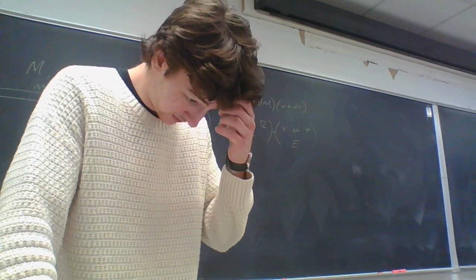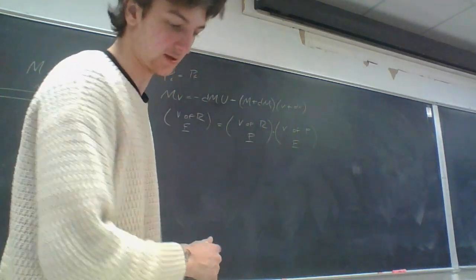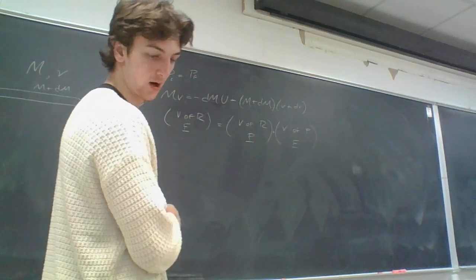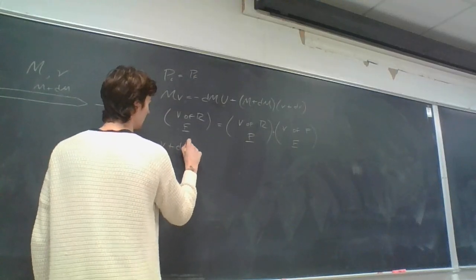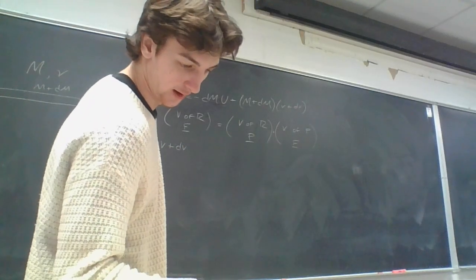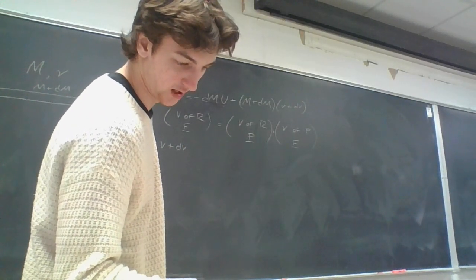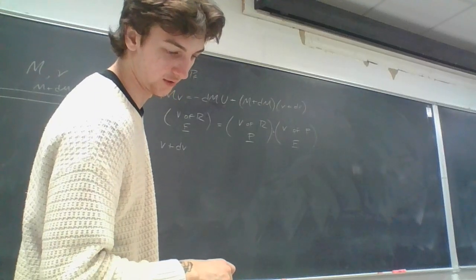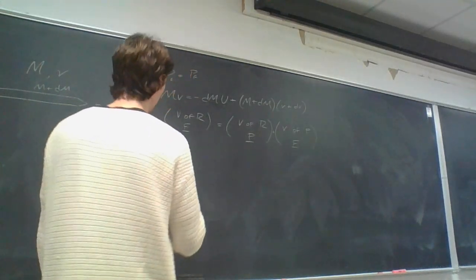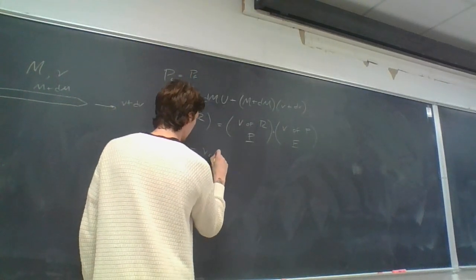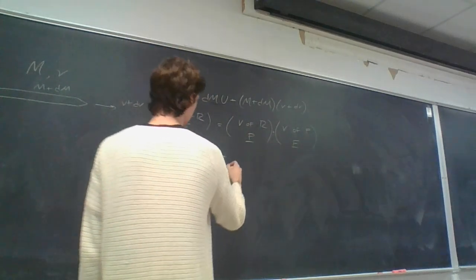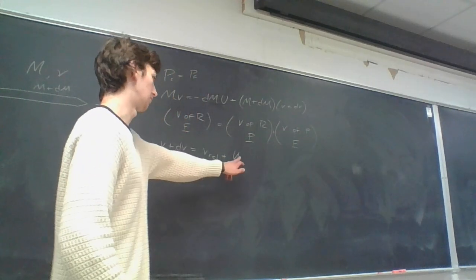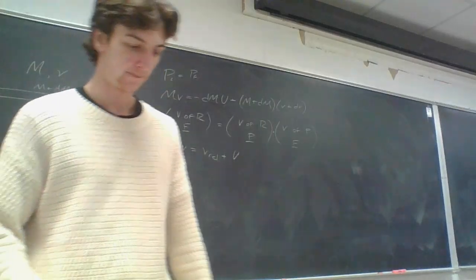So in symbols, the book says we're going to write this as velocity of the rocket relative to frame, which is just our v plus dv. And then the relative velocity, which is the rocket relative to the products, which is v relative, plus u, which we're going to say is the velocity of the products relative to frame.